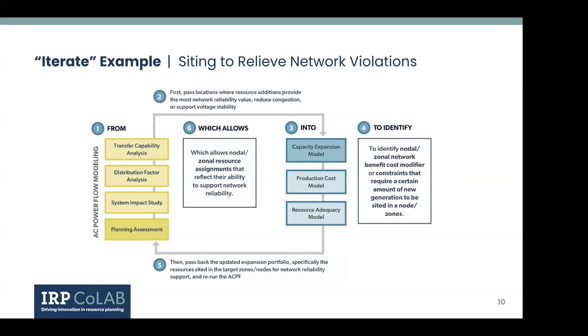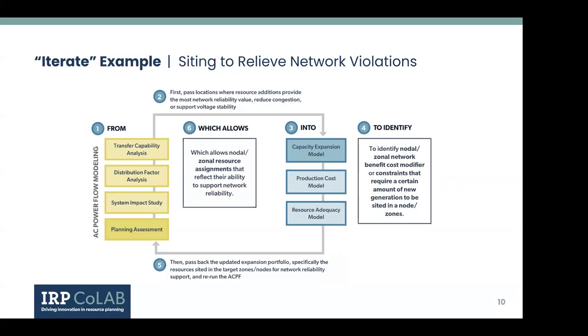This might be giving cost adders to incentivize siting certain resources in zones where these challenges are showing up, and providing that additional information. Say, hey, if we build certain generation in certain locations, we can help mitigate some of these violations. This could then inform an optimized resource portfolio that considers the transmission network.